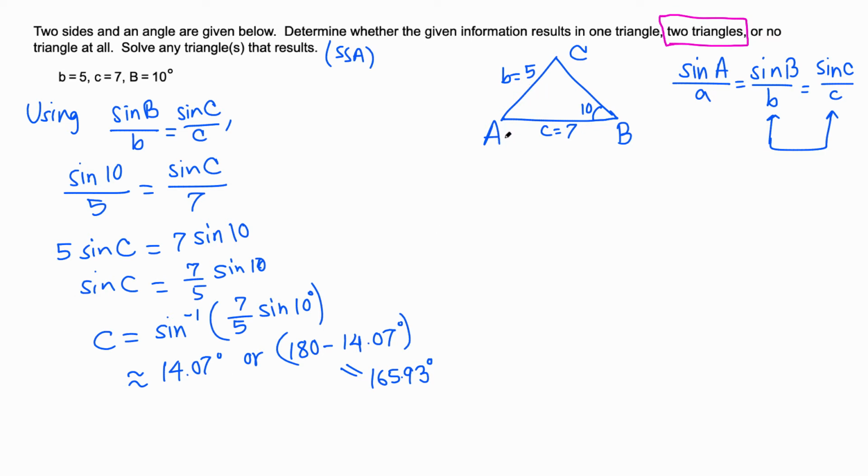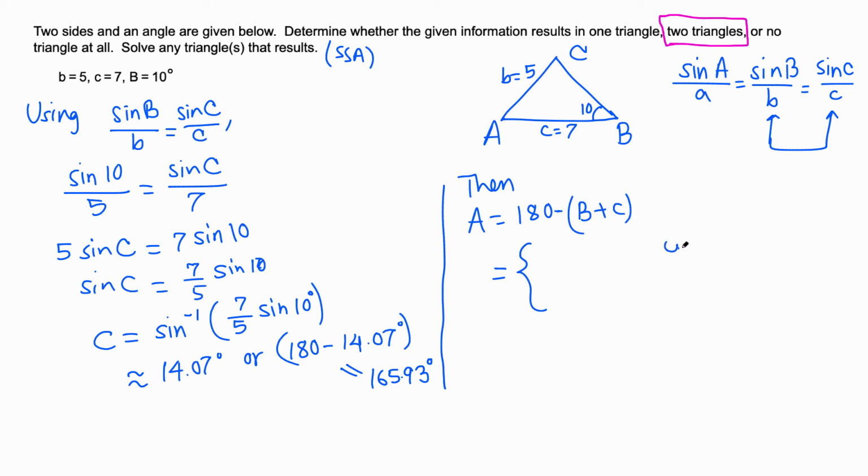Okay, so we got 2 angles. Now we can find the third angle because the sum of these 3 angles is 180. B is 10, C has 2 values, so we'll get 2 values for A as well. Angle A is 180 minus the sum of the other angles, 180 minus B plus C. B is 10, and C has 2 cases.